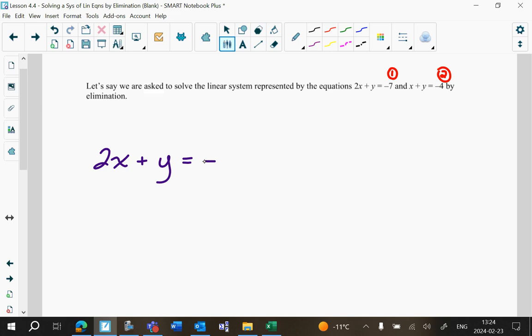So 2x plus y equals 7, and let's write the second equation underneath. x plus y equals -4. Can you see a way to add or subtract these two equations and it will get rid of one of the variables?